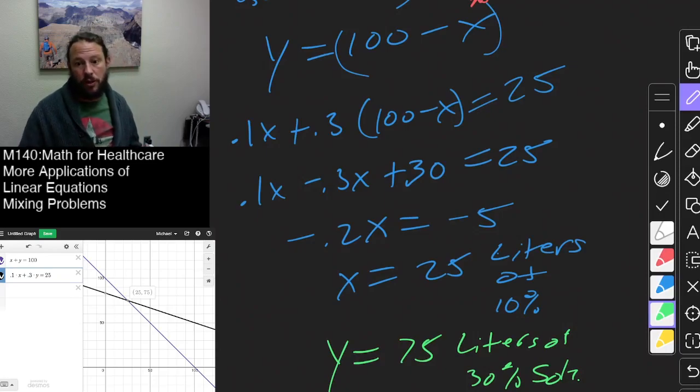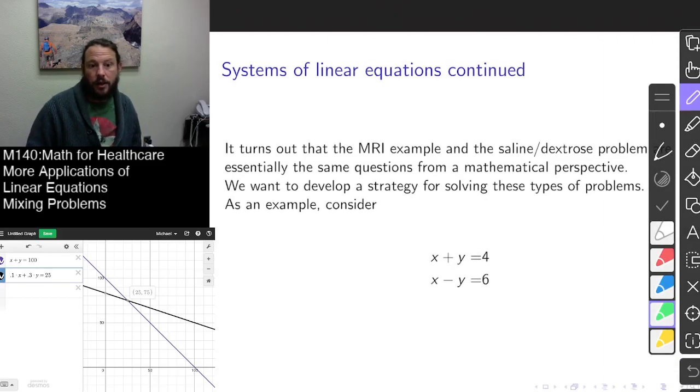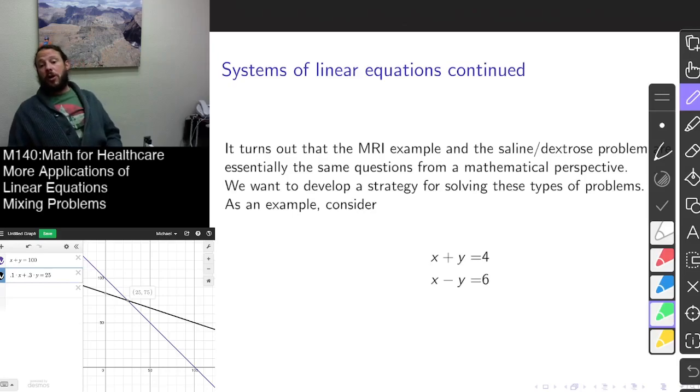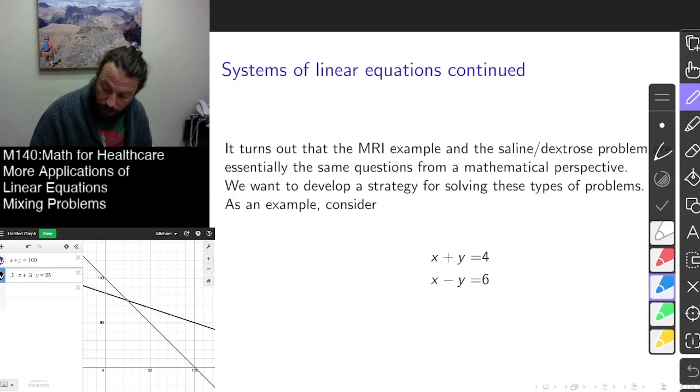This approach solves things in general, something like this: x plus y equals 4 and x minus y equals 6. The MRI example in the beginning was also similar, when we found where the cost equaled the revenue. That was also finding where two lines intersect. For this system, I'll quickly do it algebraically using substitution. This tells me y equals 4 minus x.